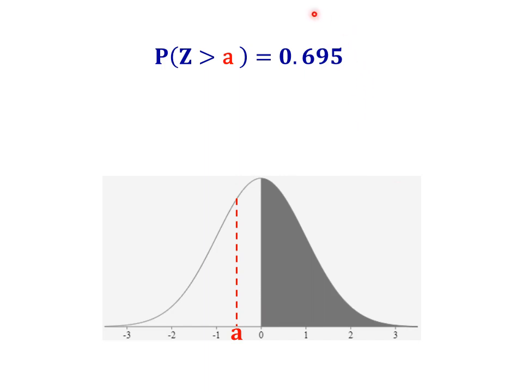And in fact, when we try to find this probability from the standard normal table, it is not available there because the area is bigger than what is required in the standard normal table. The probabilities given in the standard normal table are only less than 0.5. So if it is more than 0.5, then the value of probability is not available in the standard normal table.